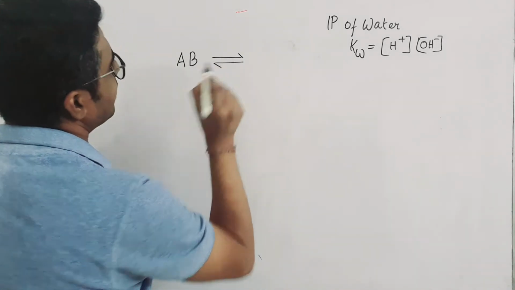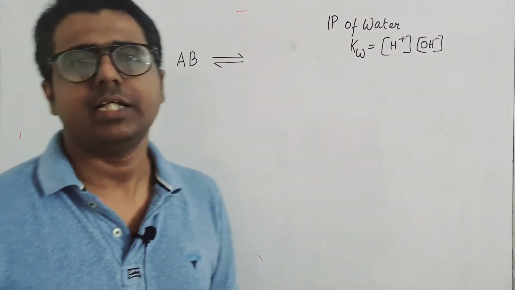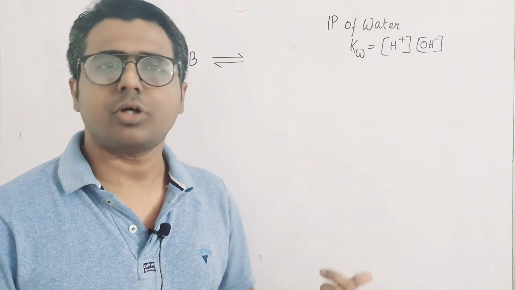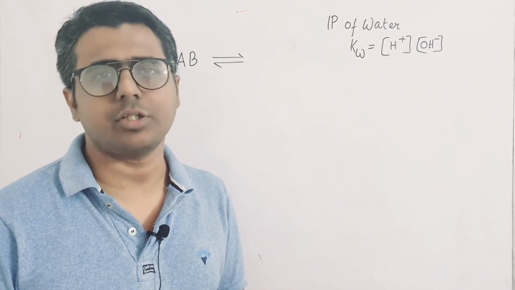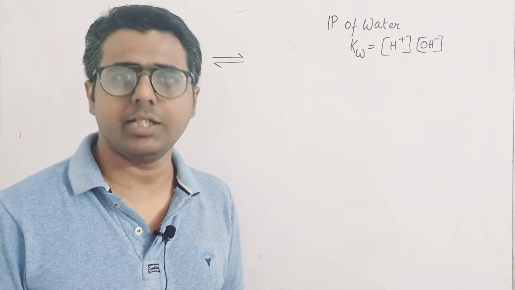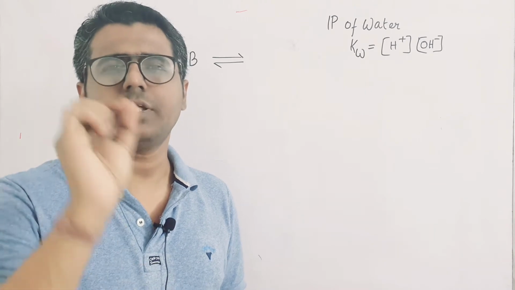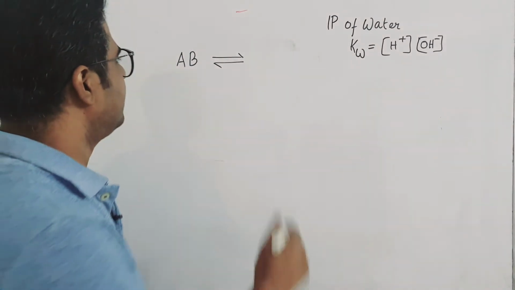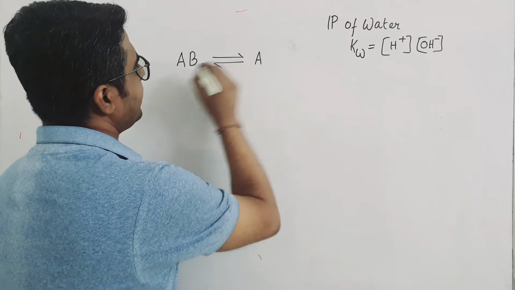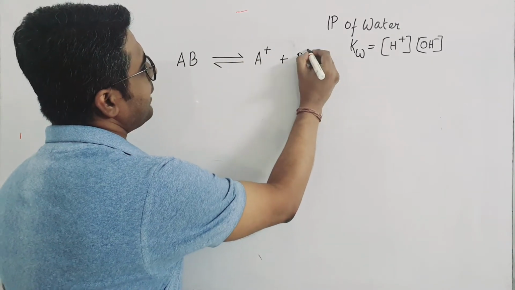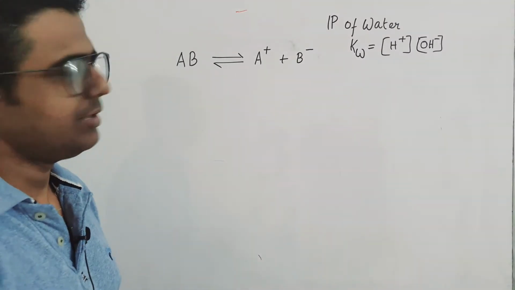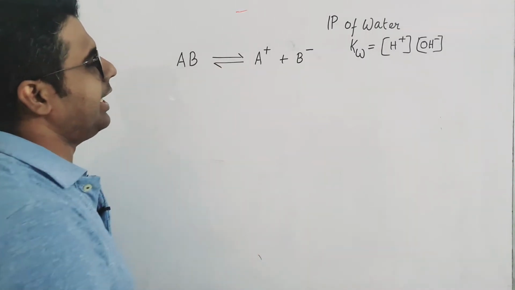It is going to dissociate. While studying solubility we are talking about sparingly soluble salts, so it is not going to dissociate completely, only a very slight amount. So some amount of AB dissociates into A plus and B minus, right? These are the dissociated ions.